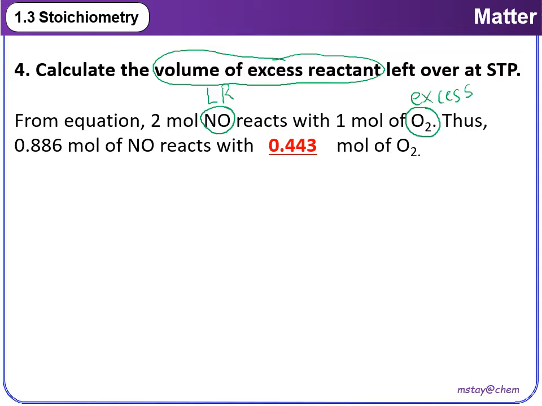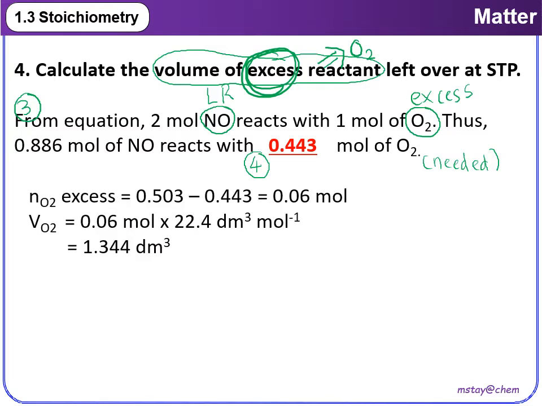So for number 3, we need to compare. This time we compare based on what the question asks for, which is the excess reactant. In this case, we already know it is oxygen, and we always compare with the limiting reactant. So number 3, compare the limiting reactant with the excess reactant. Then number 4, we find out the number of mole of oxygen that reacts, or is needed. Because we want to find the excess, we subtract what we need from what we have.